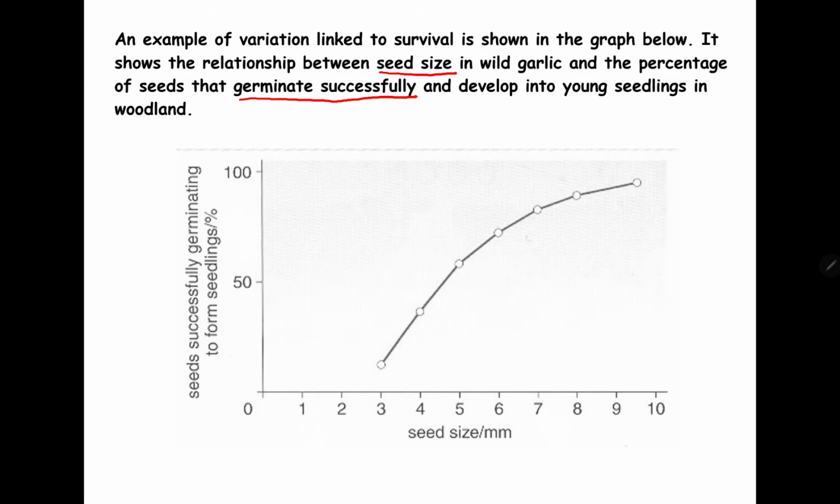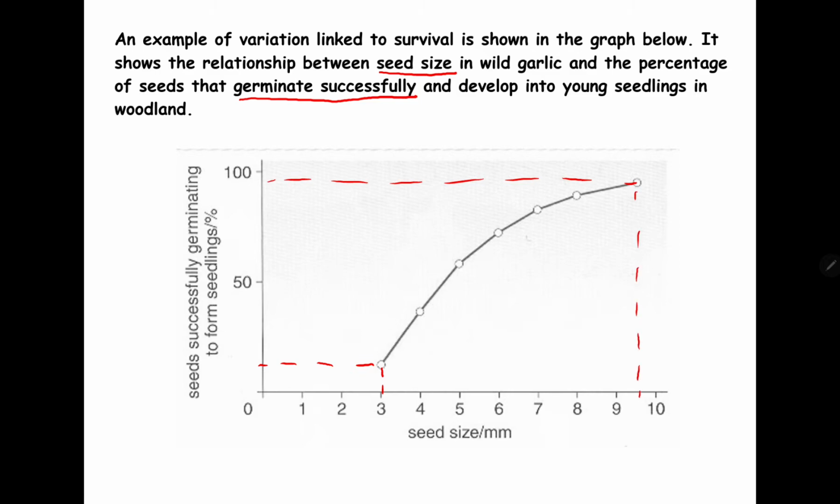Now this is an example of how traits become more common. If we look at the far left, our shorter seed size of around 3 have a very low chance of germinating. On the other hand, if we go up towards 9 and 10, the seeds have a really good chance of germinating.